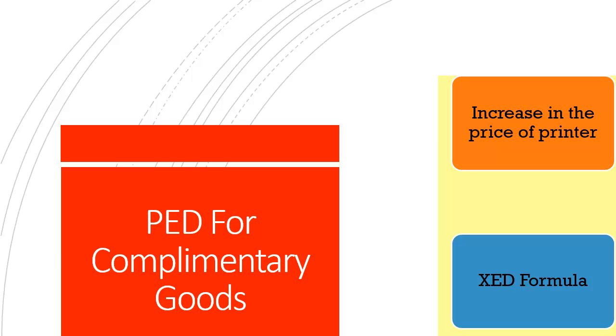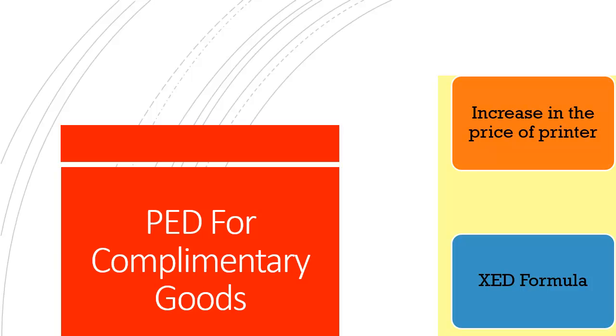So let's look at the orange box here and the blue box here. What happened first is that there was an increase in the price of printers. This leads to a fall in the demand. So this is a positive change and this is a negative change, which means that at the end, the XED coefficient will be negative. Why?